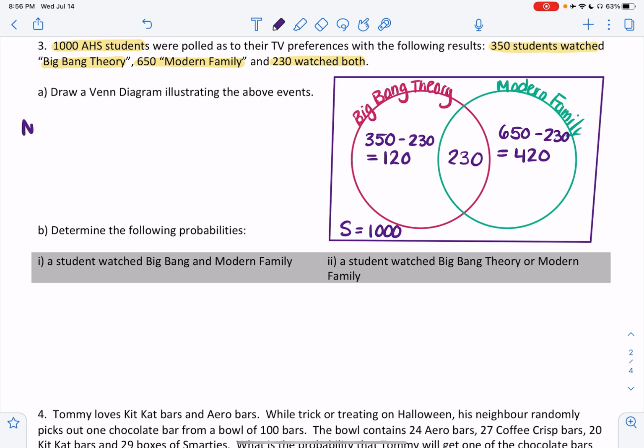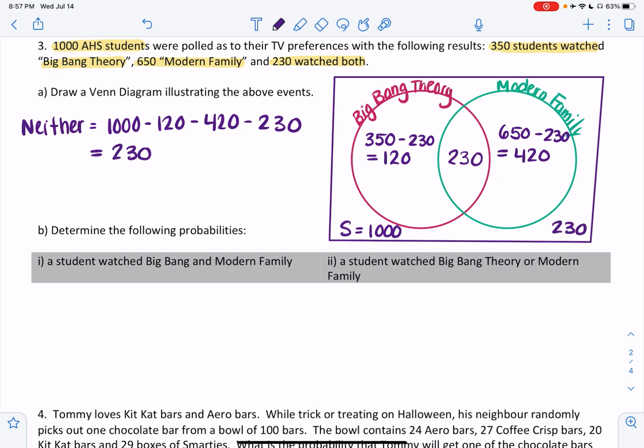So for our neither category, we will take our total minus those who watch just Big Bang Theory, minus those who watch just Modern Family, and minus those who watch both. And that will leave us with 230 students. So we'll just put that over here outside of those circles.